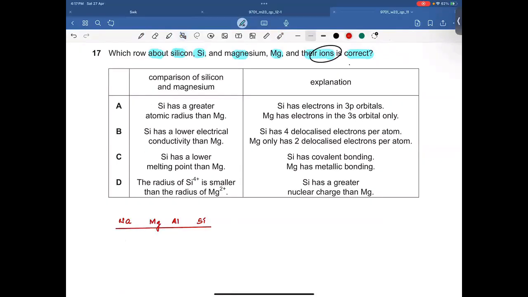So when we move from left to right in a period, shielding remains the same. Atomic radius decreases. Nuclear charge increases.